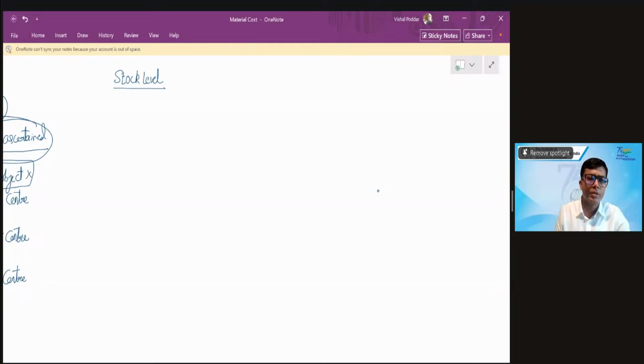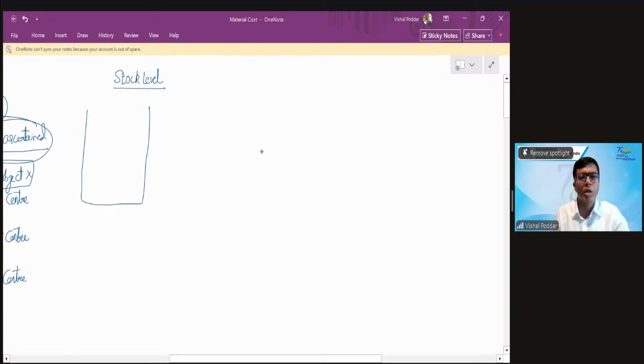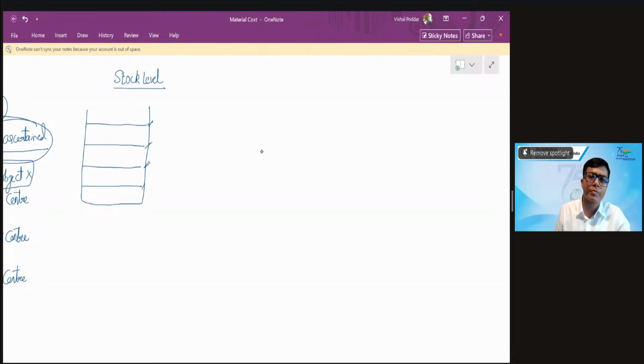Now, let us say this is the box in which I am storing my material. So, the materials are kept and stored here. This is my box. Now, in this box, where the material is stored, we mark some levels. What are these levels?